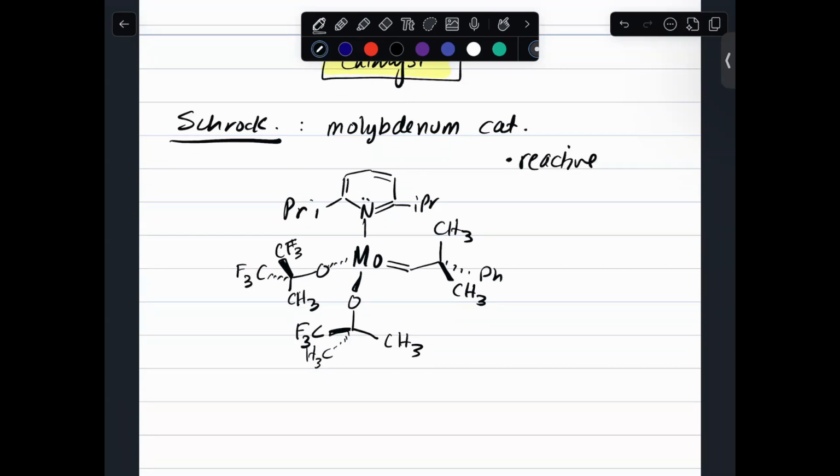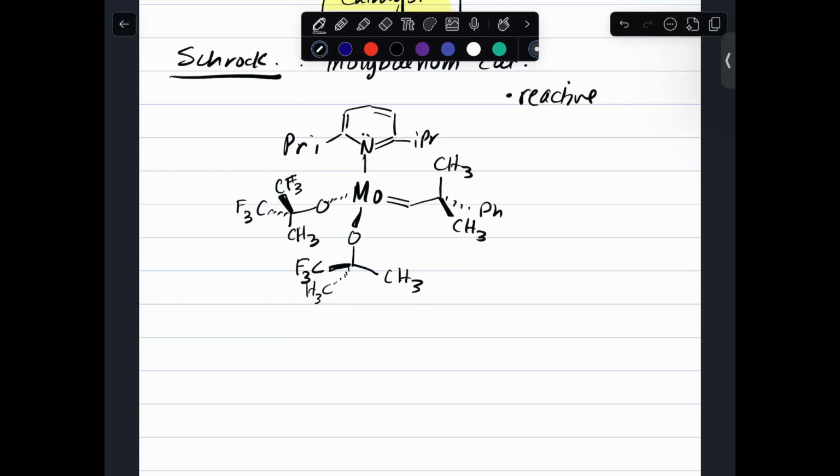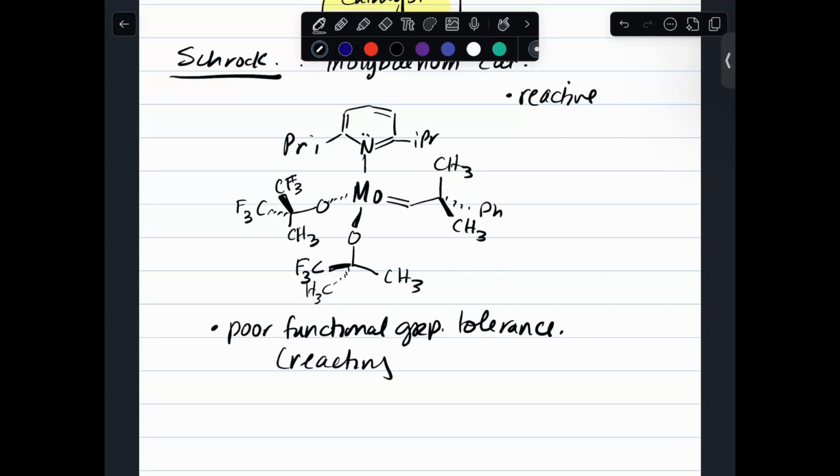Now, I'm introducing it because, again, he was the pioneer for this, right? The problem with this catalyst is that it has poor functional group tolerance. Well, this is just one of the problems. What I mean by that is that not only was it catalyzing ring opening, ring closing, and cross metathesis reactions, but it was reacting with alcohols, carboxylic acids, and aldehydes.